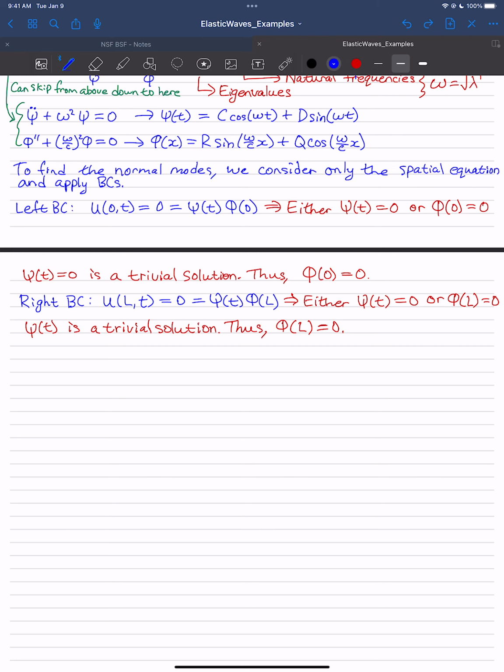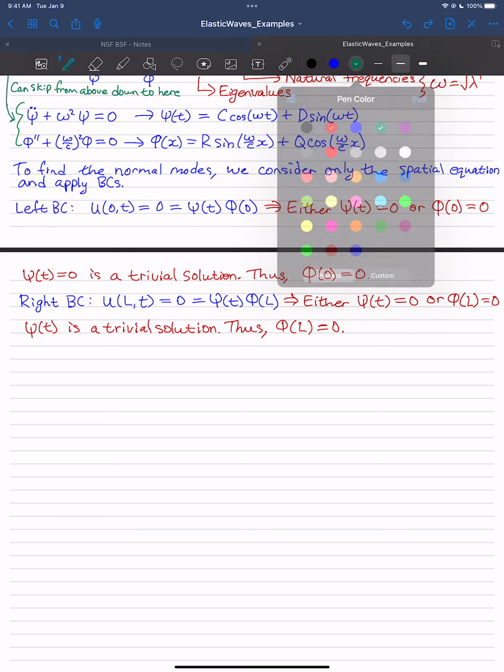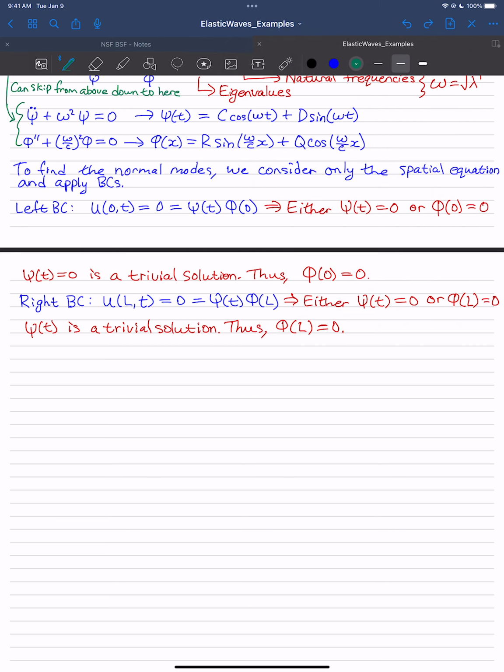Now you can always skip. Once we do the separation of variables, we can always just skip to the fact that phi of 0 is equal to phi of L, and both are equal to 0. So we can always skip ahead to this.